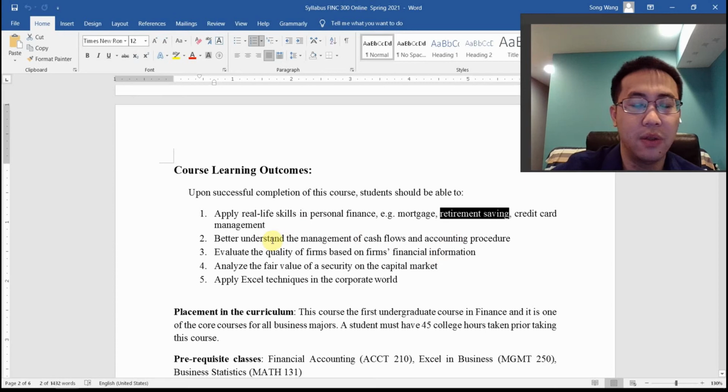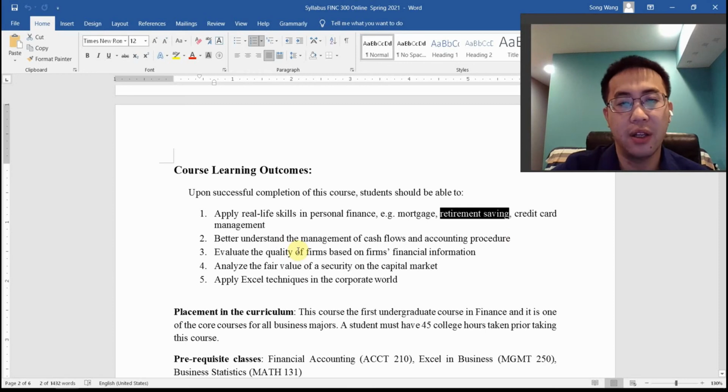And also, you will be able to understand how cash flows work in the corporate environment and how to best manage them. And of course, you need to be a competent accountant. You know how to do all the recording of cash flows, revenue and expenses, and you should be able to do the analysis.